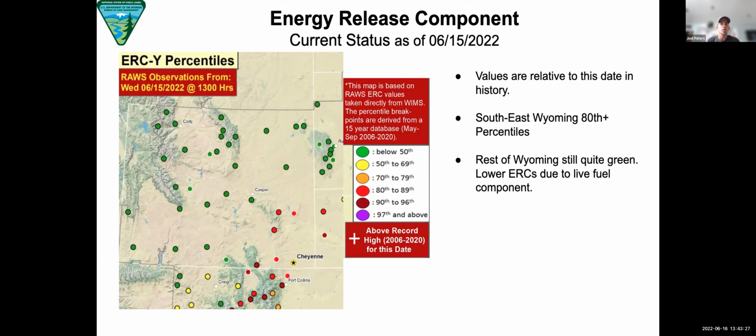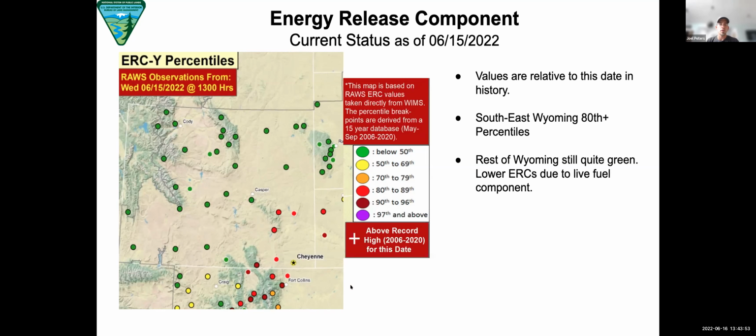But looking at the values currently over the state of Wyoming, much of the state is in pretty good conditions. We're below that 50th percentile, unless you start getting into that southeast portion of Wyoming. Some of those areas are in the 80th, and then down in the Medicine Bow Routt National Forest, they're also getting above the 90th in certain places.